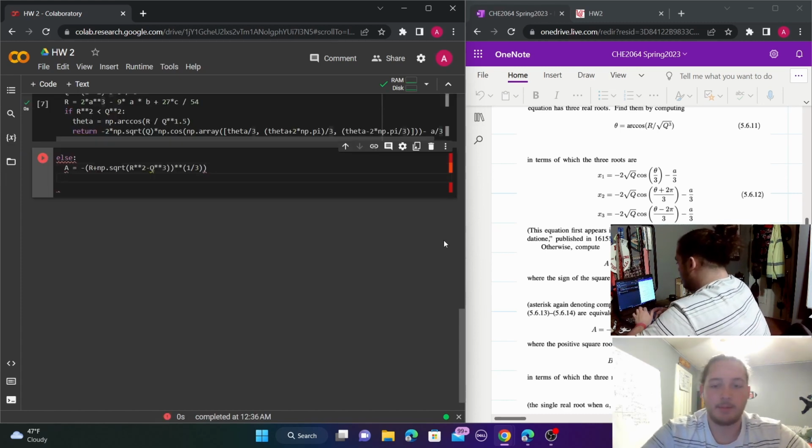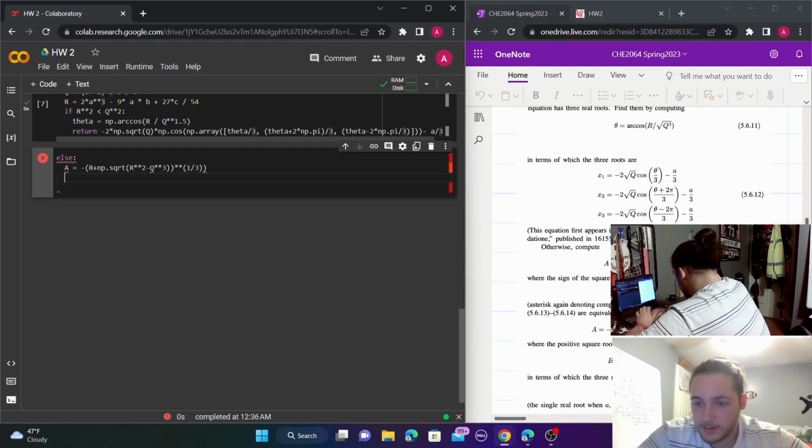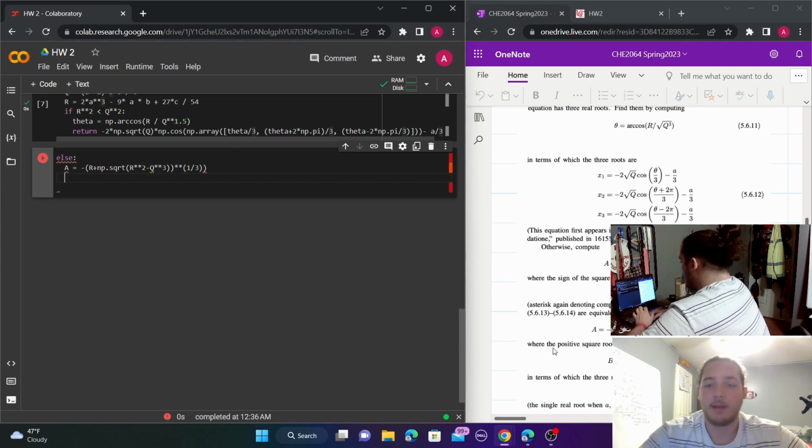And so next we can look at our b value, in which the positive square root is assumed. We can compute for b.